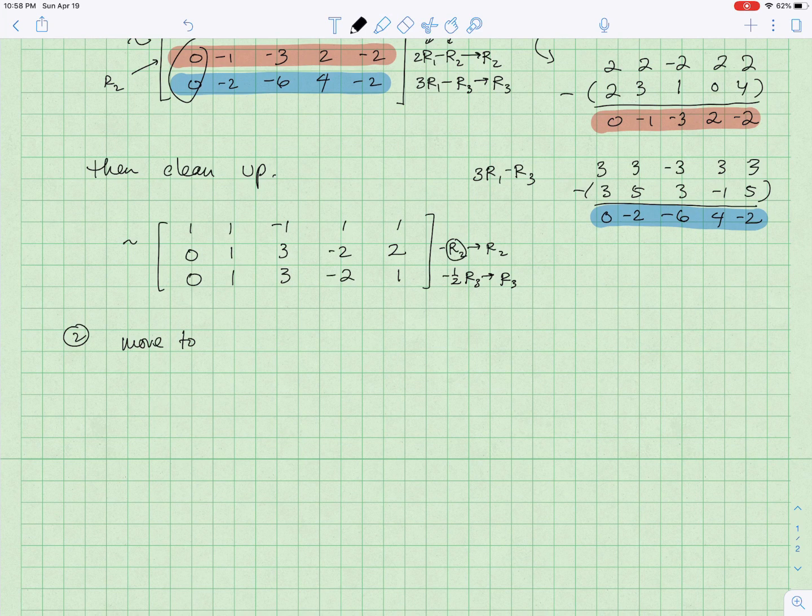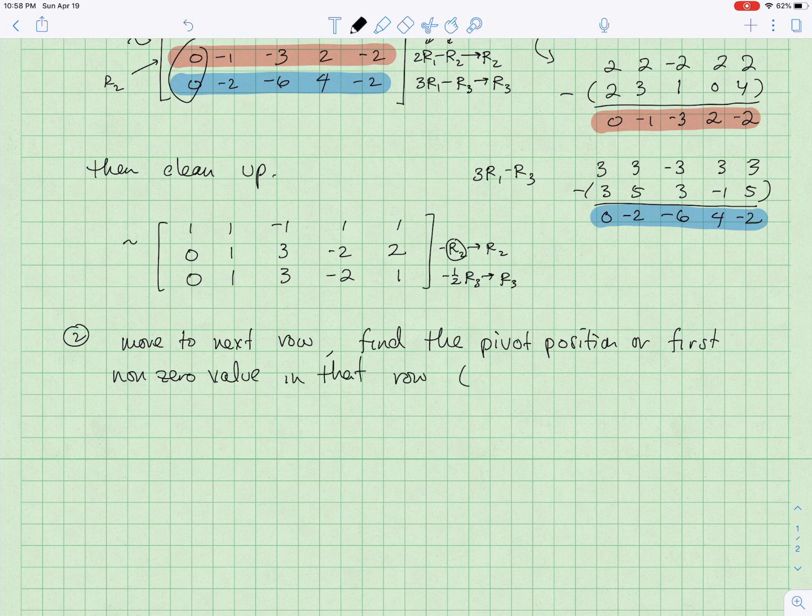Move to the next row, find the pivot position, or first non-zero value in that row. And again, when we read this, we're reading it from left to right.